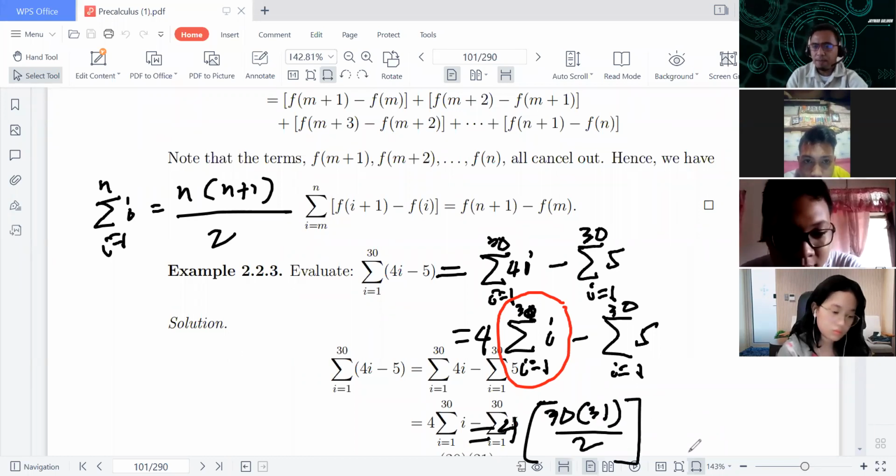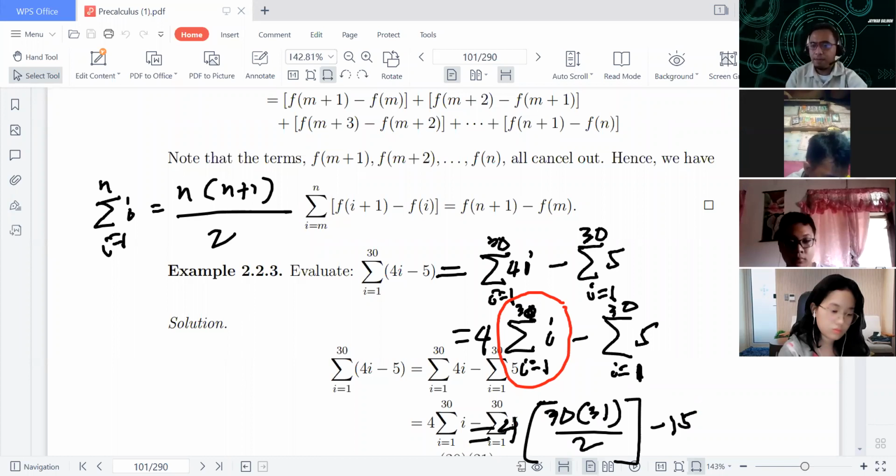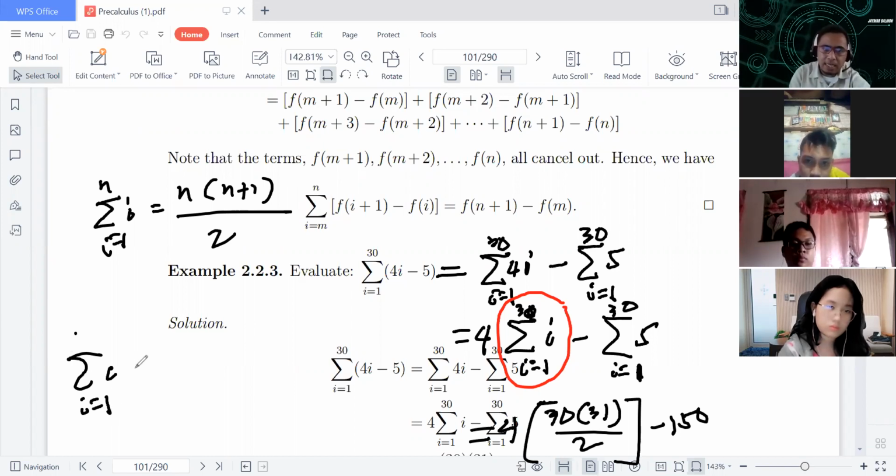Got it? Now here, this is a constant, right? And it started from 1. Since it started from 1, you can multiply them directly. So it is just equal to 150. You just multiply your C and your n. You just use the formula summation of C where i ranges from 1 until n, which is just equal to n times C. That's why we have 30 times 5, which is 150.